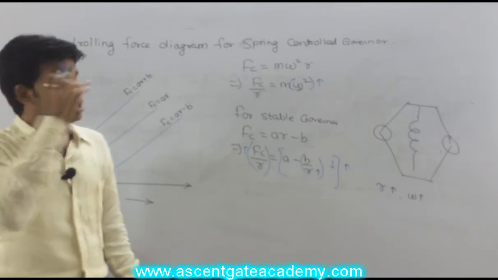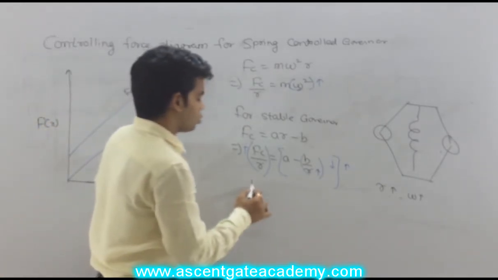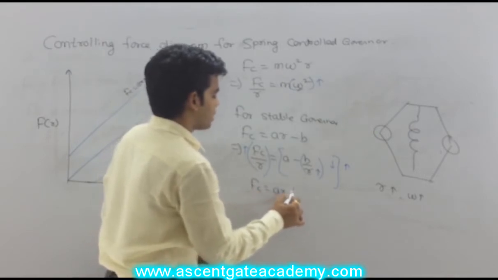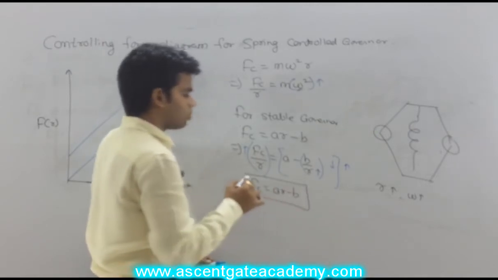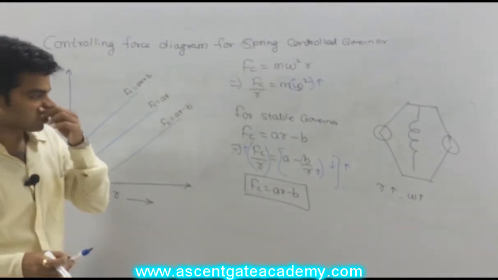Getting this now? So for a stable governor, Fc should be equal to AR minus B. To make it more simple, I explained it in the reverse direction. Getting this or not?